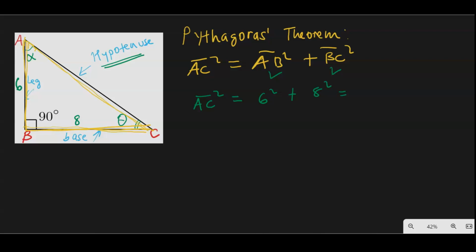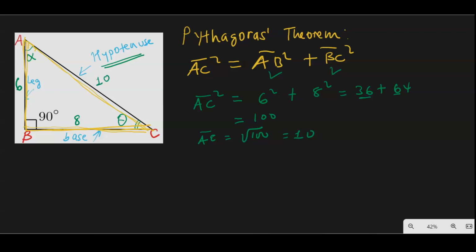So 6 square is 36 plus 8 square is 64, and so it gives us 100. As you know, AC square is 100, then AC will be the square root of 100, which is 10 units. So our hypotenuse is 10 units.